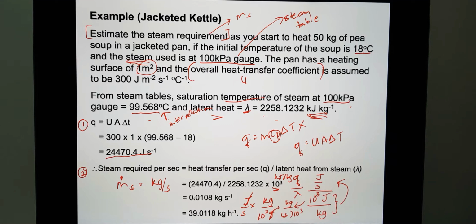So you will have the value of 0.0108 kilogram per second. This is the unit that is left. When you answer this question by giving this answer, it is already correct. But if you want to convert this per second to per hour, that is allowed as well, but you can just leave it as per second.